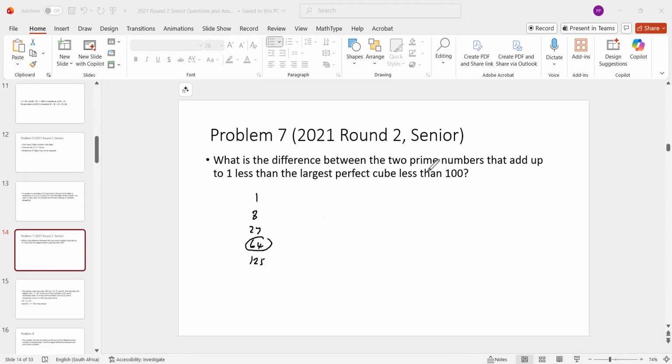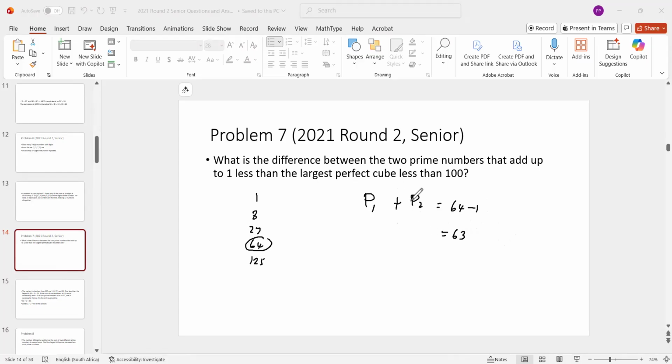So the two prime numbers, called P1 and P2, between them add up to a sum that is 1 less than 64, which is 63. They asked what is the difference between those two prime numbers, but first you have to know which two prime numbers you must add to get 63.